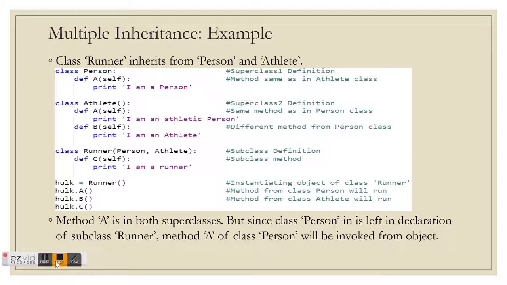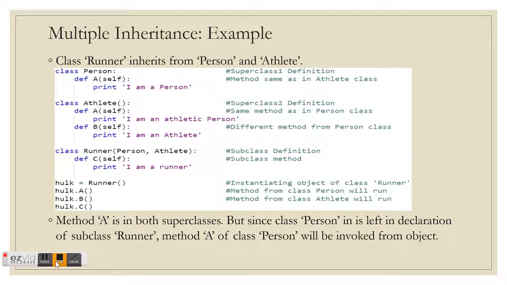So I am instantiating the runner class using an object named Hulk. Then I invoke method A using Hulk. First, the A method will get searched in the definition of runner.